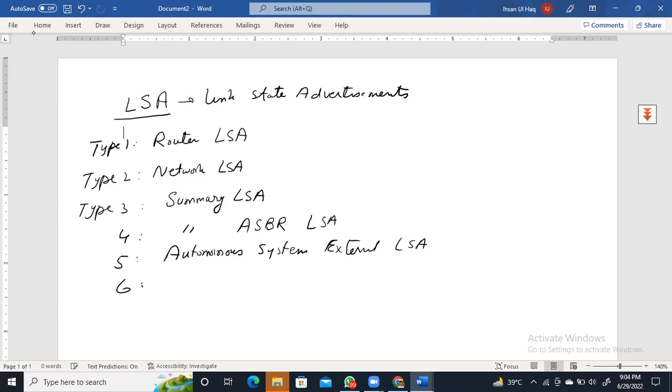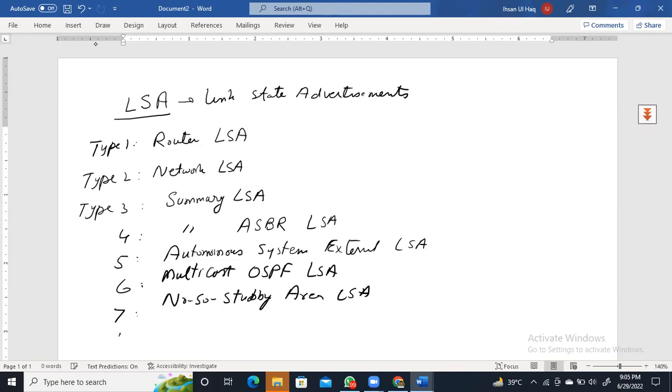Then is the 6th number, which is called the multicast OSPF LSA. तो बताऊंगा कि ये सिस्को नहीं यूज करता, लेकिन फिर भी आपको पता होना चाहिए. 7th is the not so stubby area LSA.